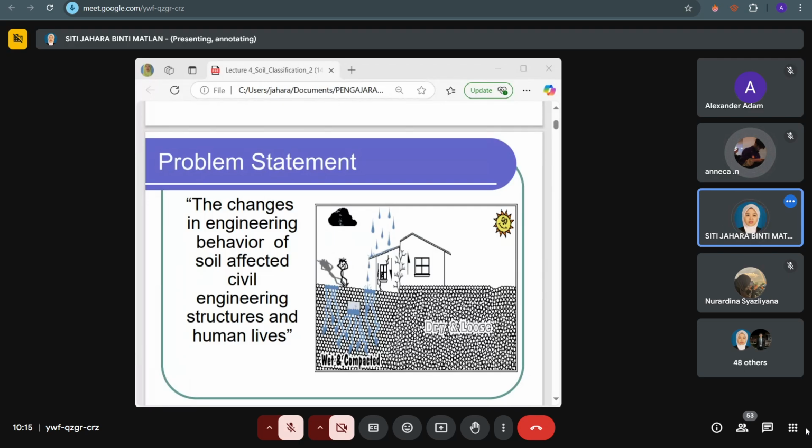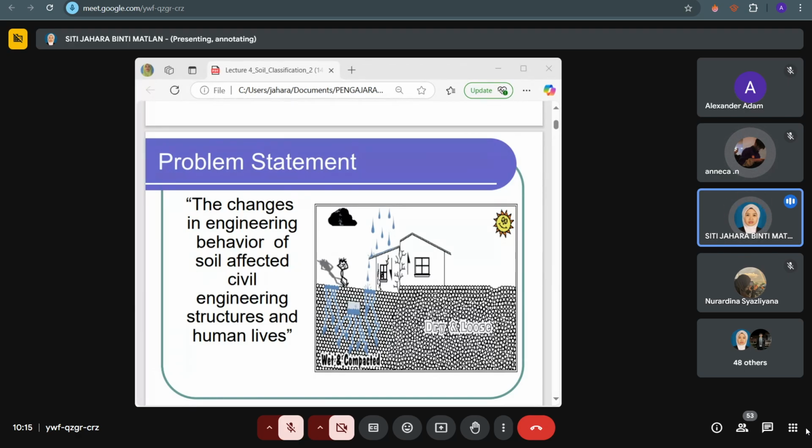So the illustration here shows a comparison between dry and loose soil, gambar sebelah kanan tu, which is vulnerable to erosion, instability and poor load bearing capacity. While wet and compacted soil is more stable but may suffer from excessive pore water pressure or swelling, seperti yang kamu lihat dalam gambar tu sebagai illustration.